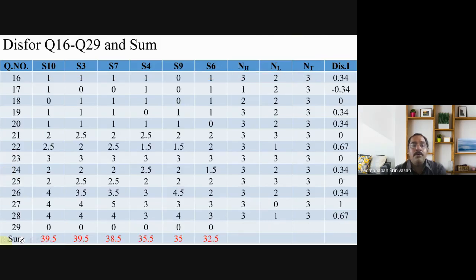Like this only we have to calculate. Up to 20 we have objective questions, and after that subjective questions, which are calculated by the same method. You can see they have calculated the discrimination index for all the questions.